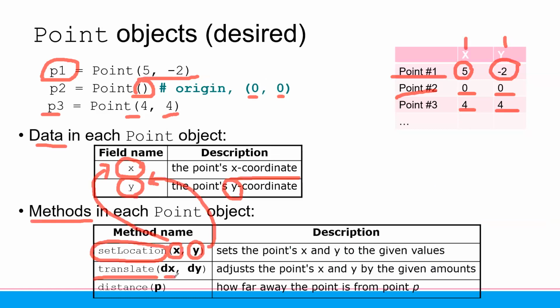Translate dx dy means I can adjust the point's x and y by the given amount. Maybe I want to shift 5 and -2, shift maybe +3 and then minus 1. Then I can put dx is 3 and dy is minus 1.